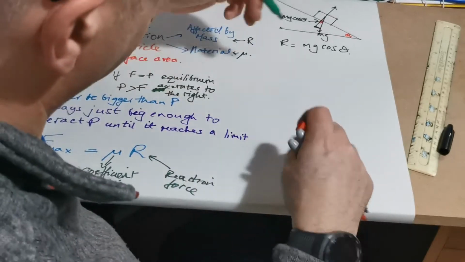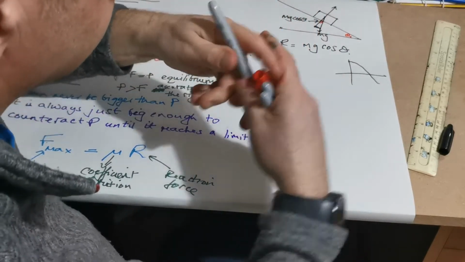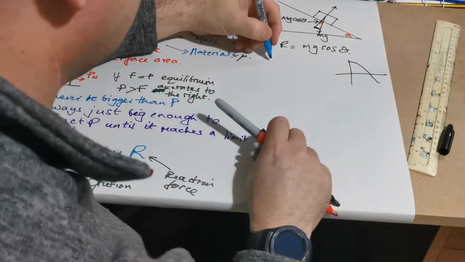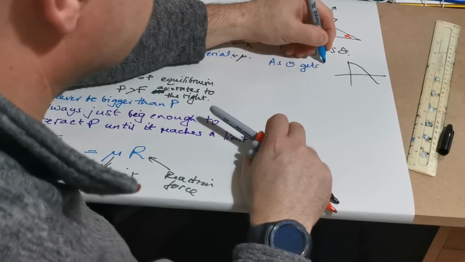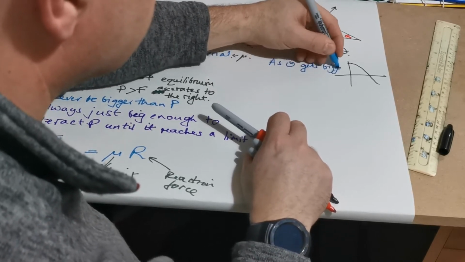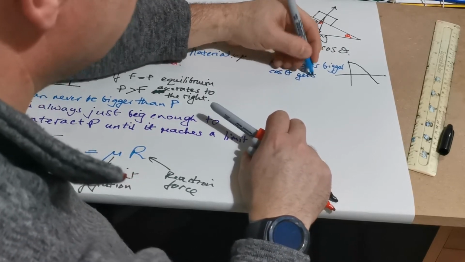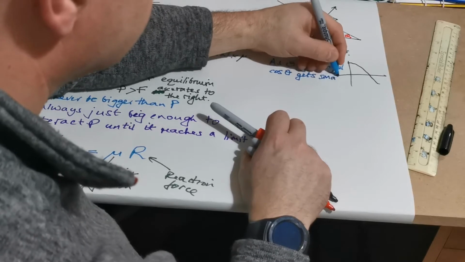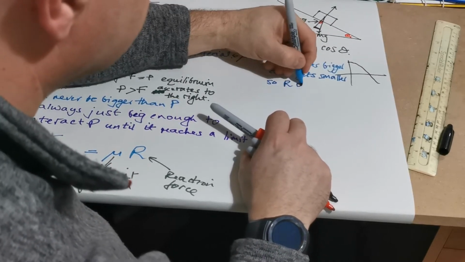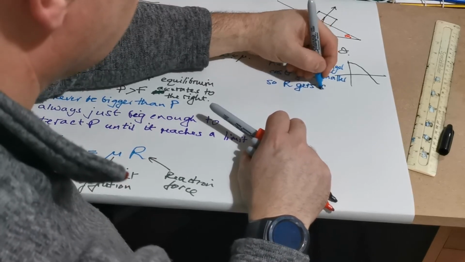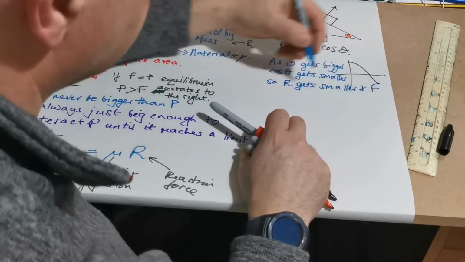And if you think about the graph of cos theta, as theta gets bigger, cos theta gets smaller, so R gets smaller, and F gets smaller.